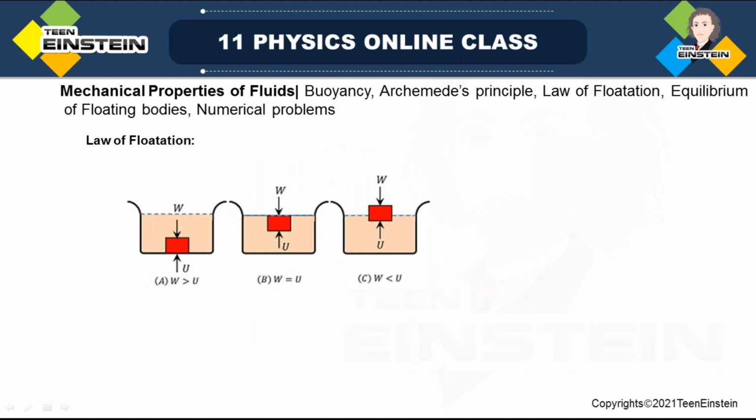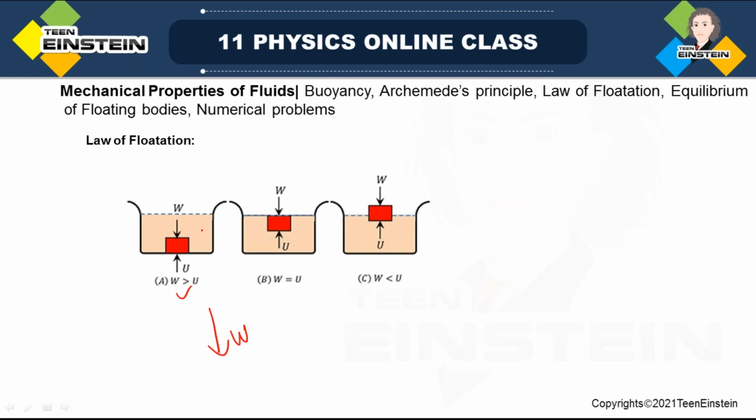In the first case, look, the upward thrust is less than the weight of the body. Since the weight of the body is more, and the weight is always acting downward, the body will be fully immersed.